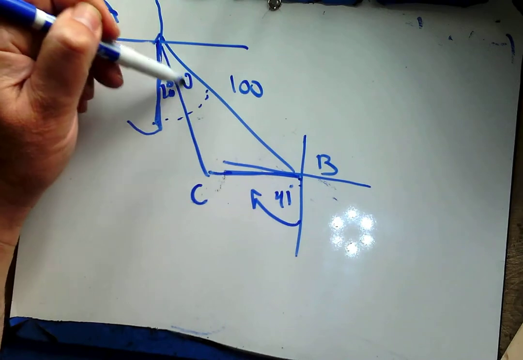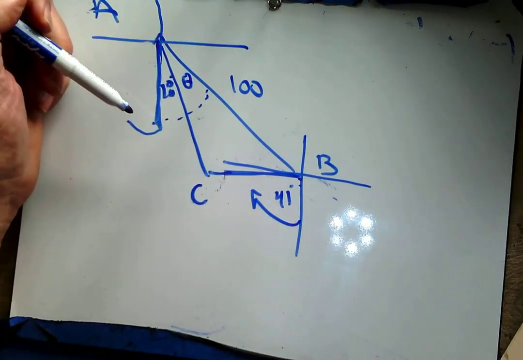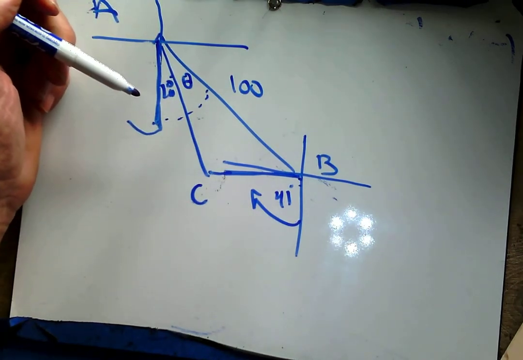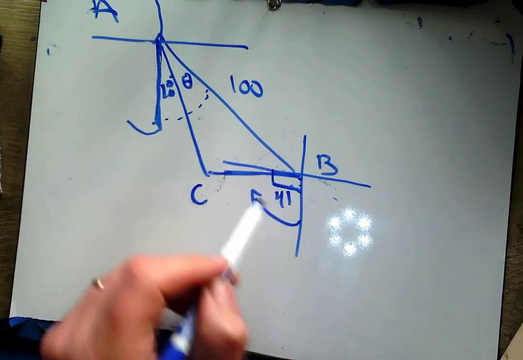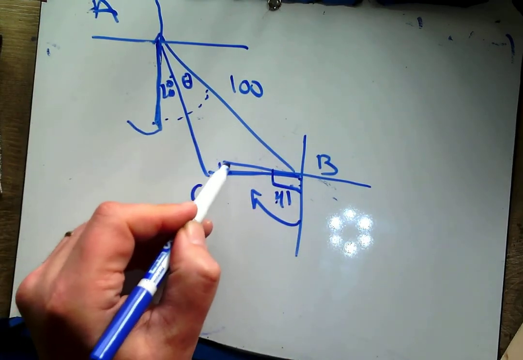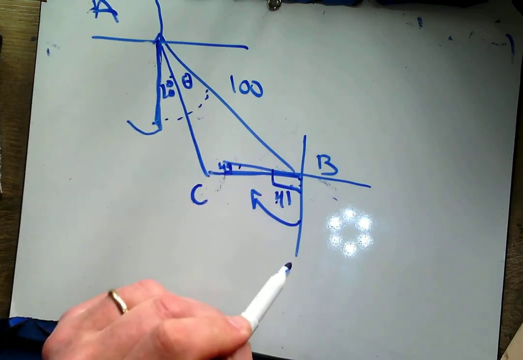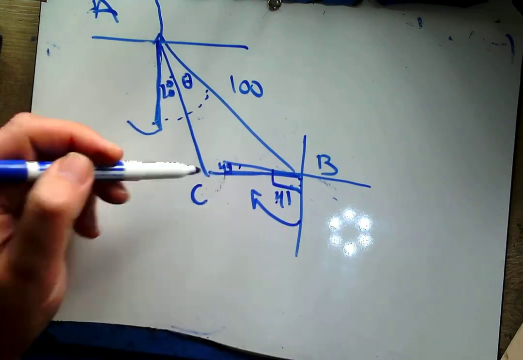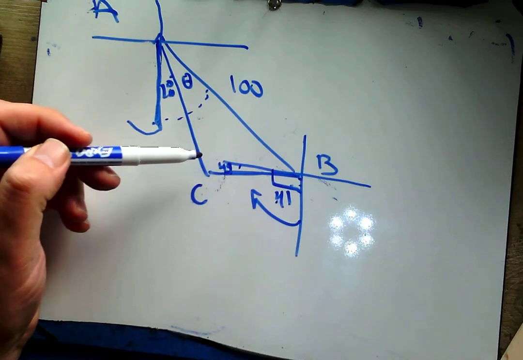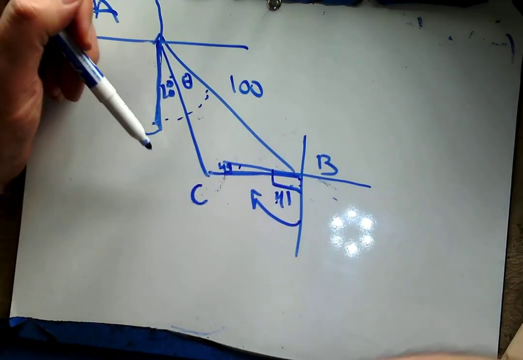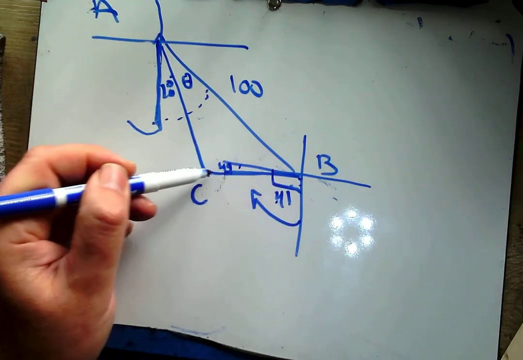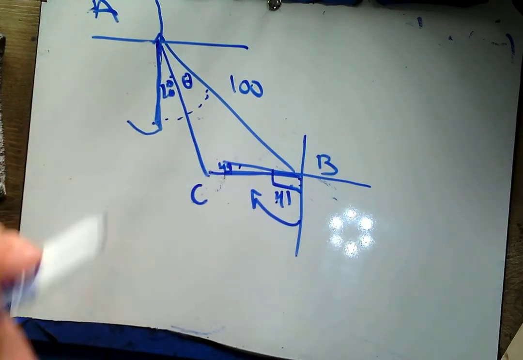Well, I need to find that angle. Let's see how we can do it. Well, we see a right angle over here. If this is 41, then that has to be 49. I feel like I should be using that 28, so I'm not going to use that 28.